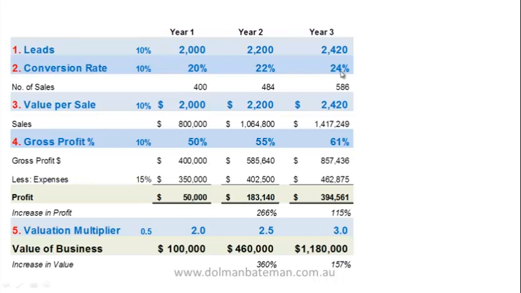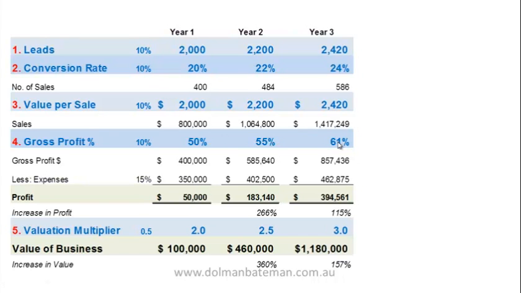We've put in place better systems and processes in relation to selling. And so we've increased the number of sales. And we've got more products that we can sell and upsell, and we can cross-sell. And we may have increased our prices because we've increased the value proposition. So our sales have increased from 800,000 to 1.4 million. And we've increased the gross profit by 10% to 61%.